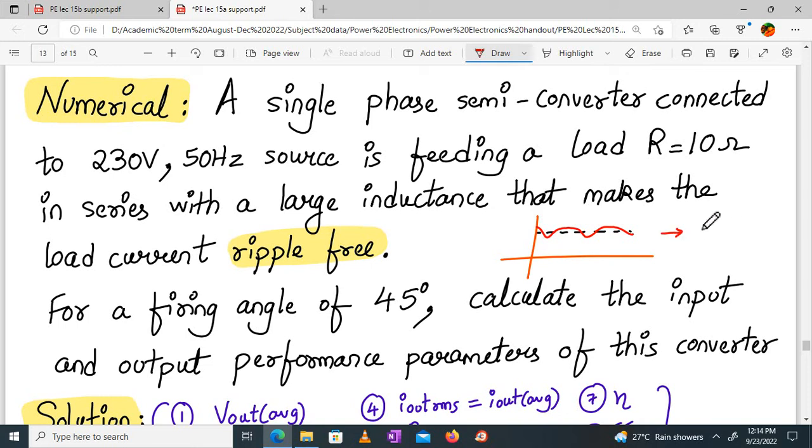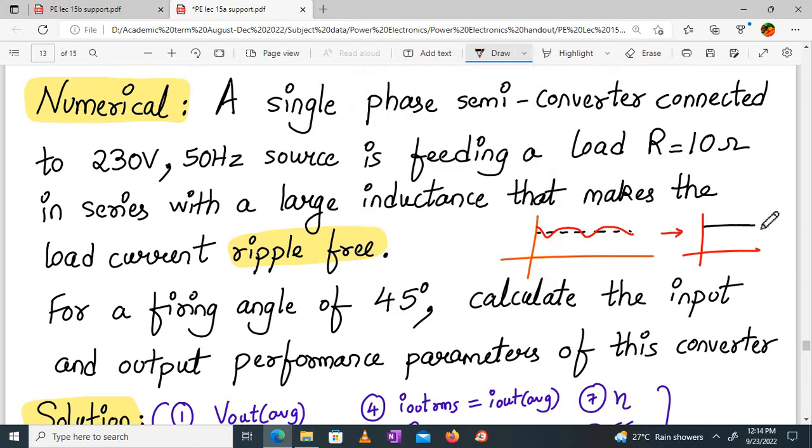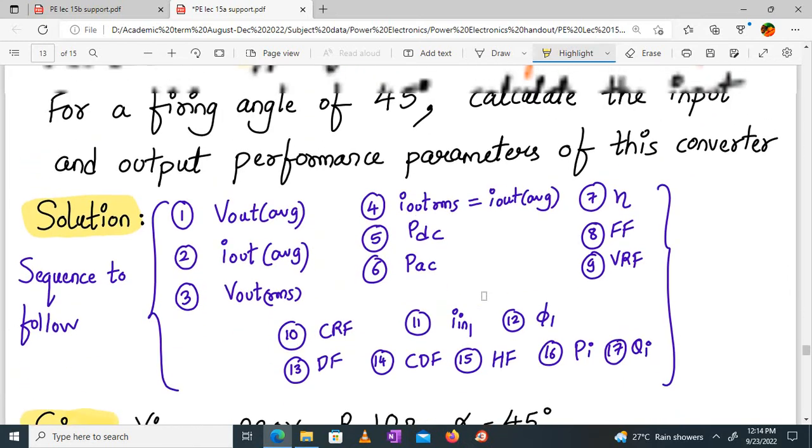It is like this: our load current is constant. So this is what you mean by ripple free. This is what they meant. Okay? Straight away they are telling that load current is constant.